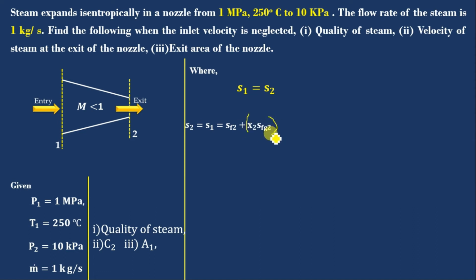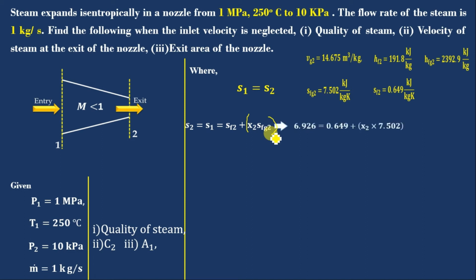We know S1, already found from state 1. SF2 we found from the steam table. X2 we need to find out, and SFG we already have. So X2 is equal to 0.837. So this much is the dryness fraction. This much gas we have, the rest is wet.